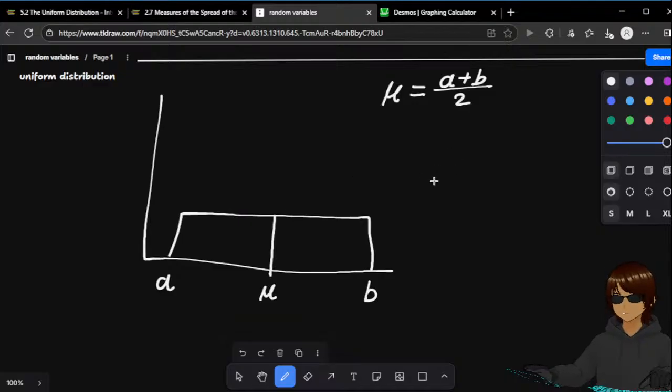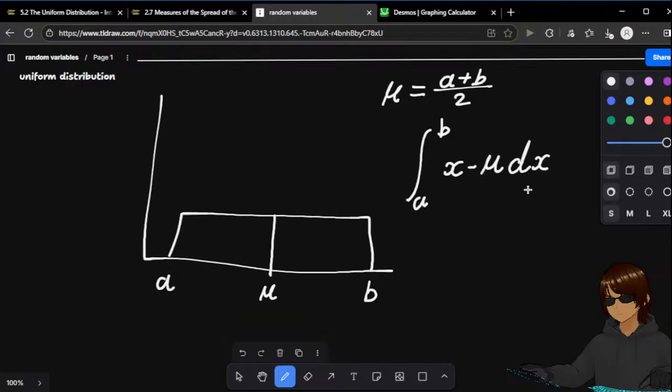Maybe an integral from a to b of x minus mu could be this. And then divided by the interval, maybe.